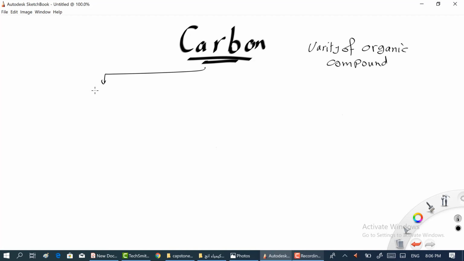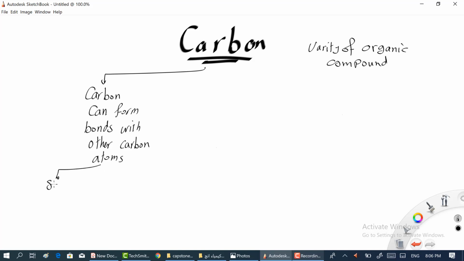Carbon can form bonds with other carbon atoms: single, double, triple.